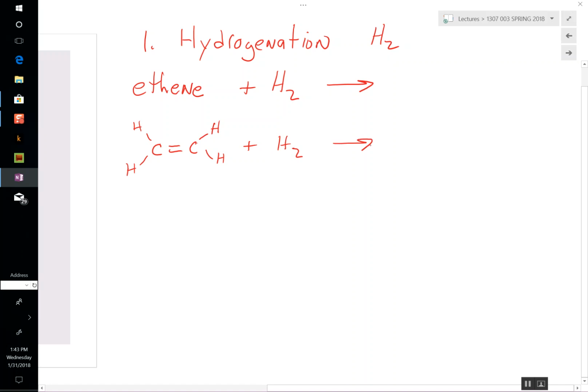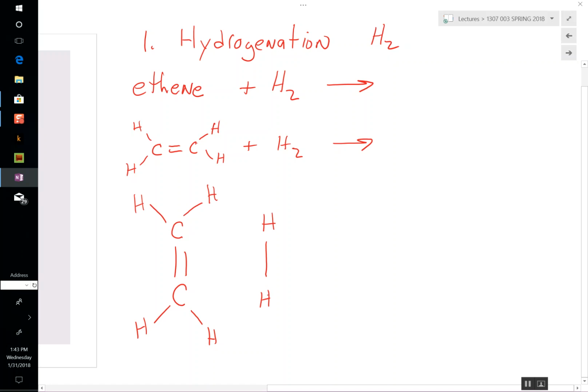We'll complete this in just a second. But down here, I want a diagram. In a diagram, here's my ethene. I want to show you how this reaction proceeds. And here's my hydrogen.